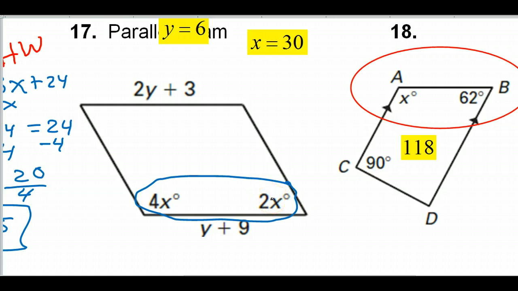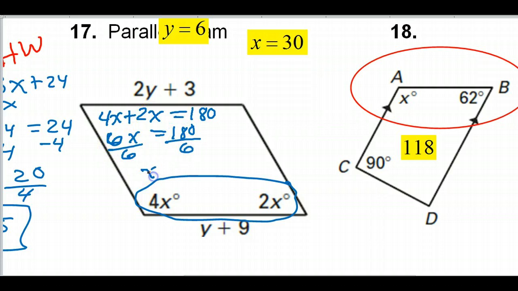I hear Matt saying 4x plus 2x equals 180. Consecutive angles in a parallelogram like that are supplementary. So hopefully you did it like this. 4x plus 2x is equal to 180. So that's 6x is equal to 180. Divide by 6. x equals 30. So that's how we got x equals 30.